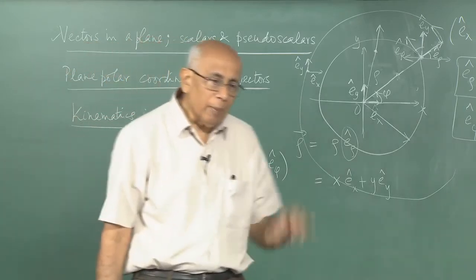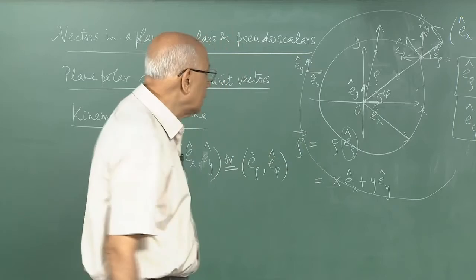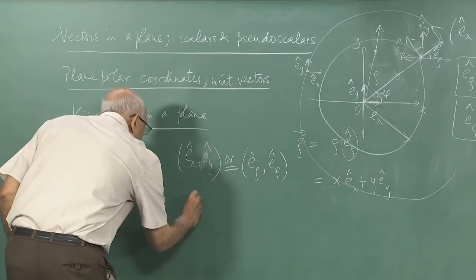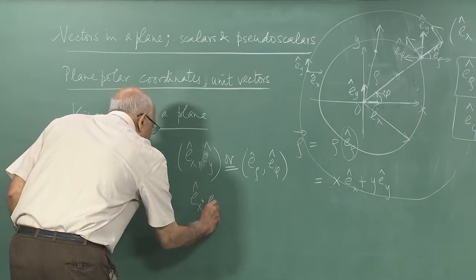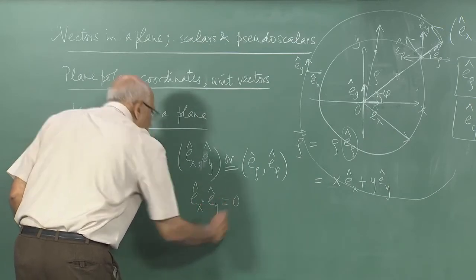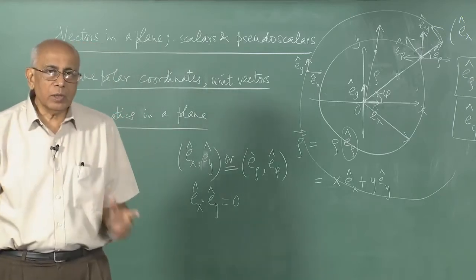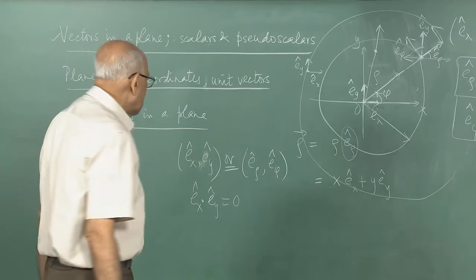So they will depend on the location of the point in the plane, but they are unit vectors all the same. And just as we know that Ex dot Ey equals 0, because the cosine of the angle between them is cos pi over 2, which is 0, they are at right angles to each other.